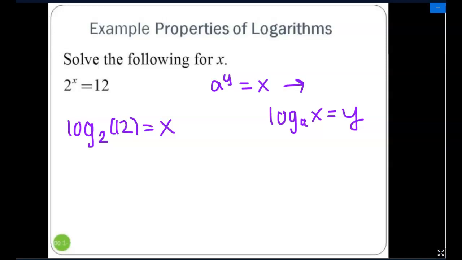You could go to your graphing calculator and do natural log of 12 divided by natural log of 2. You could use the change of base log solver now in the math feature. But this is really the same as x equals 3.585. We've solved for x. X is a numerical number.